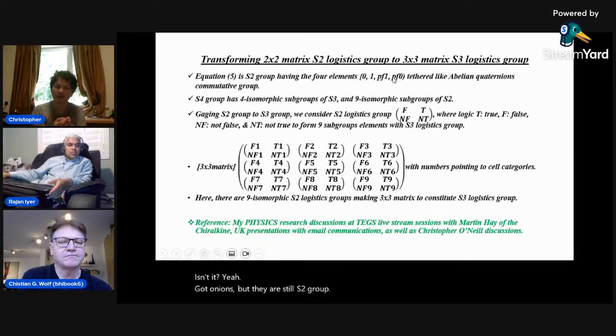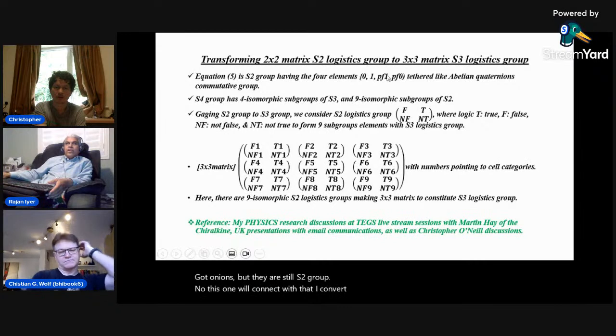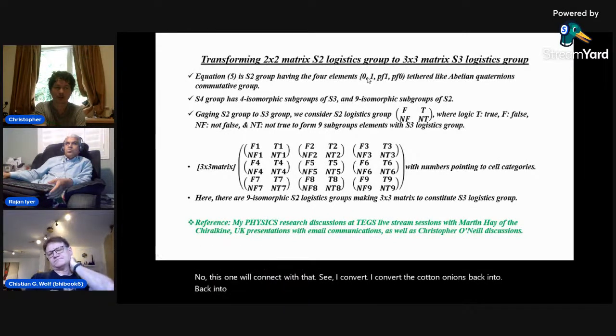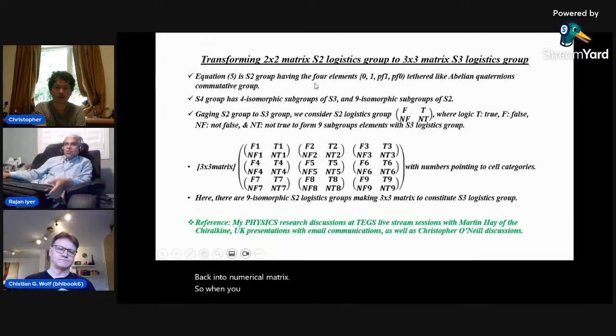Or can there? No. This one will connect with that. See, I convert the quaternions back into a numerical matrix. When you convert back into a numerical matrix, we can make it commutative. No, you can't, because I don't think the matrices are commutative. No. We have to find the determinant.